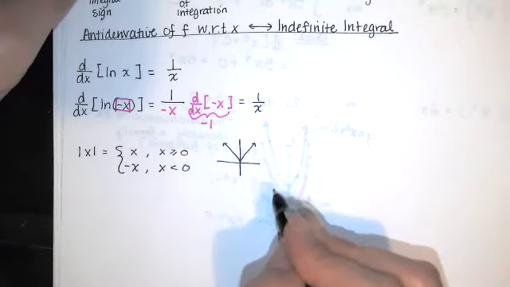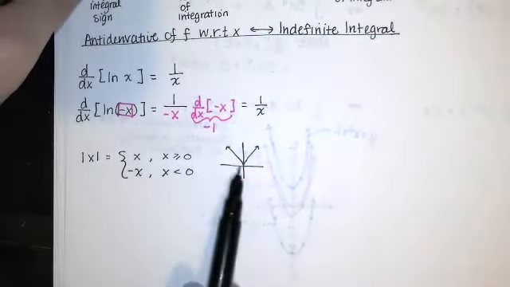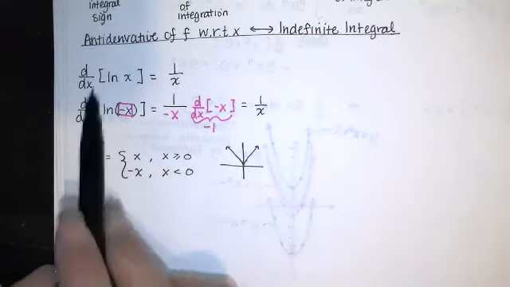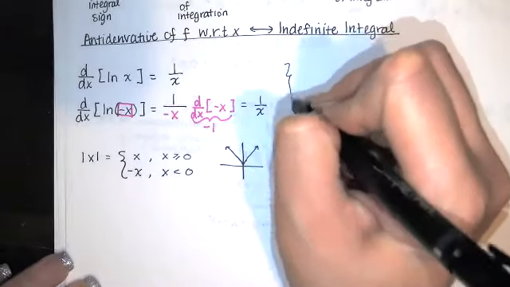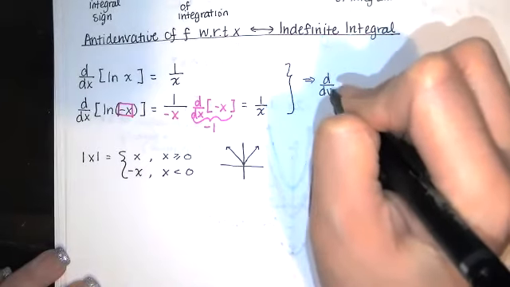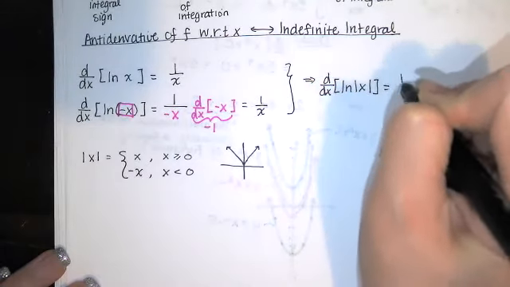So it has that slope of -1. So absolute value of x actually takes care of x and negative x at the same time. So I can put these two pieces together and I can come up with a new rule that says the derivative with respect to x of natural log of the absolute value of x is 1 over x.